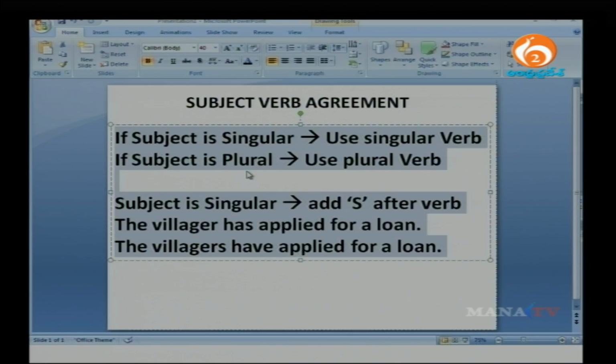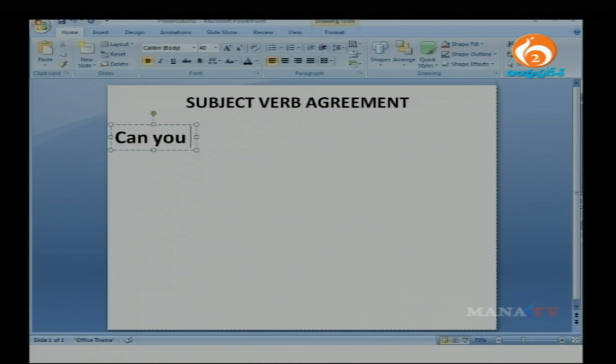Now, a lot of people in Andhra Pradesh and Telangana region I have seen, they use two words together which does not make any sense at all. Say for example, people usually use this sentence, can you able to meet me?